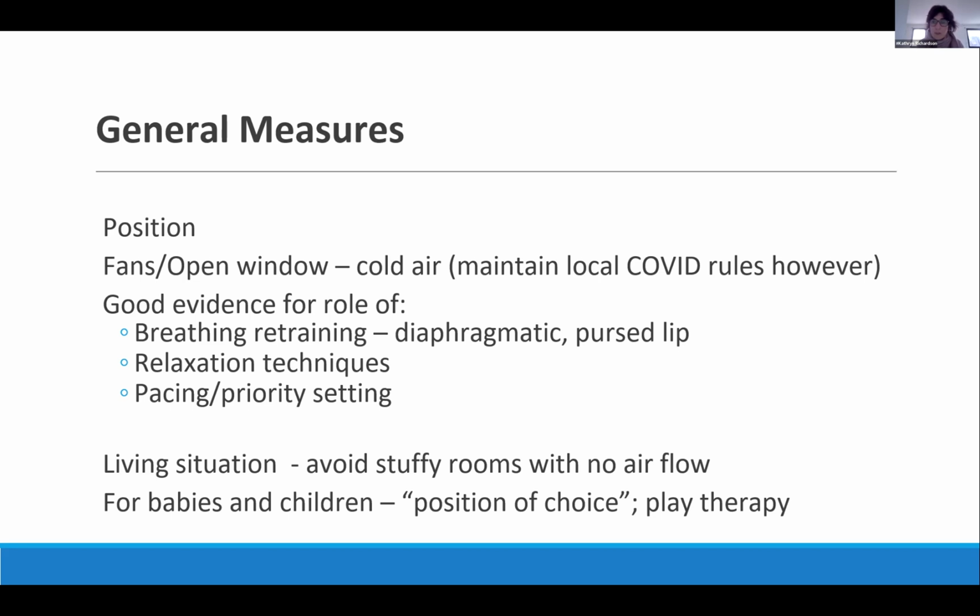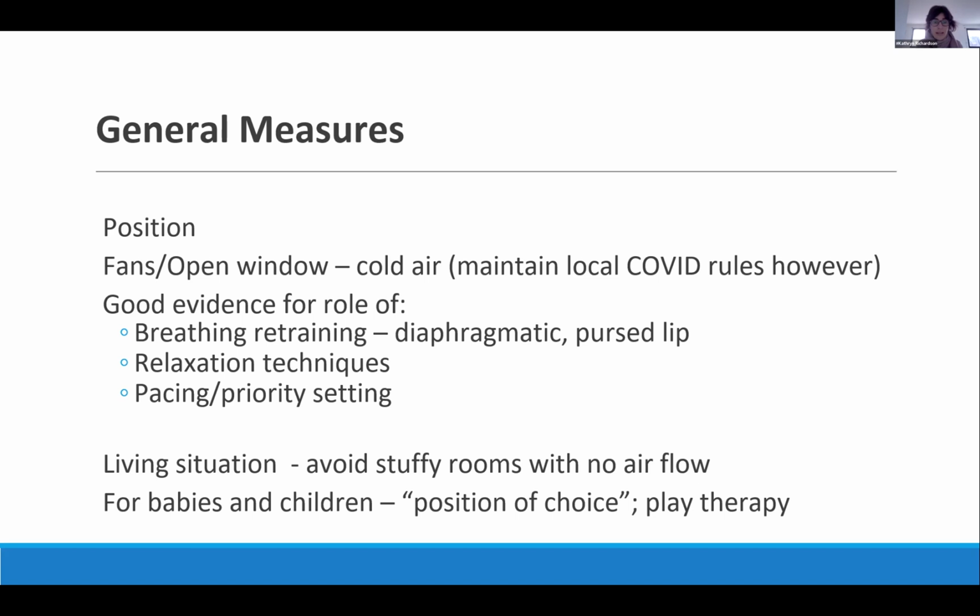We won't have time to go through them now, but we can share some resources after the session on those techniques. Relaxation techniques too can be very helpful for breathing, things like the body scan, which again we can share after the session, and pacing or priority setting.